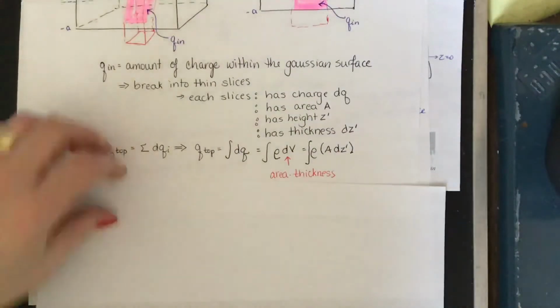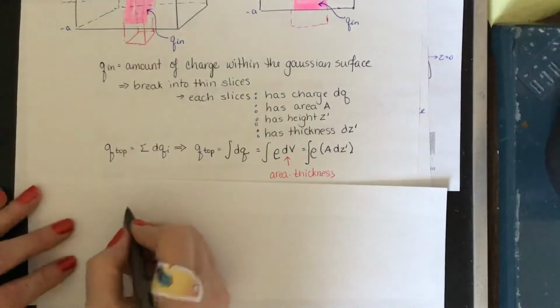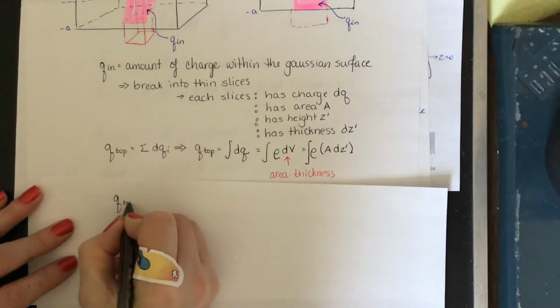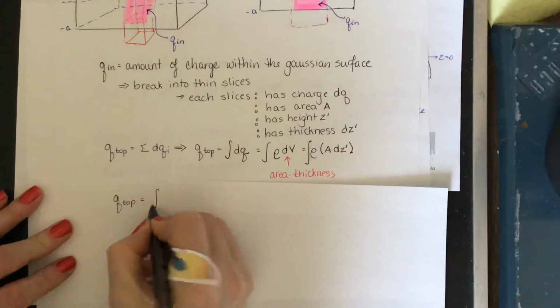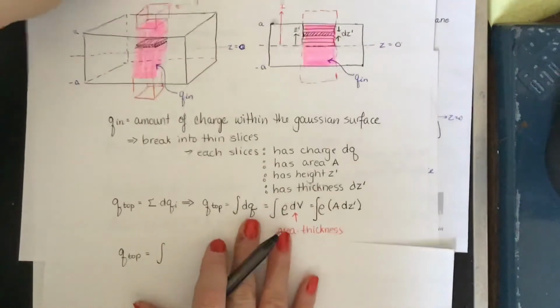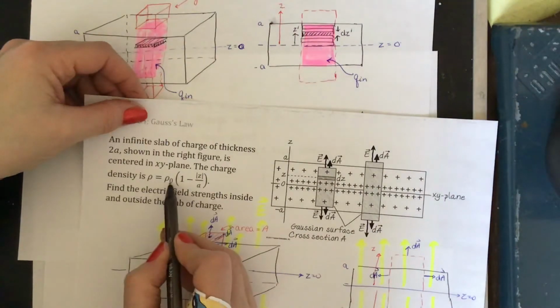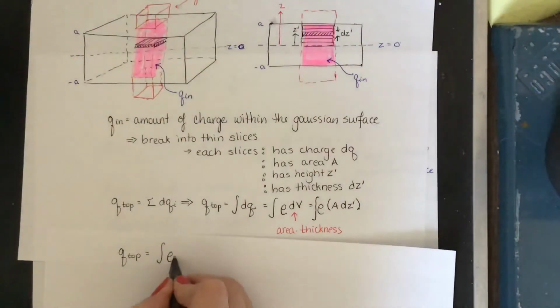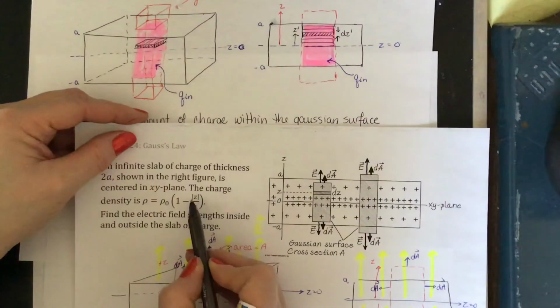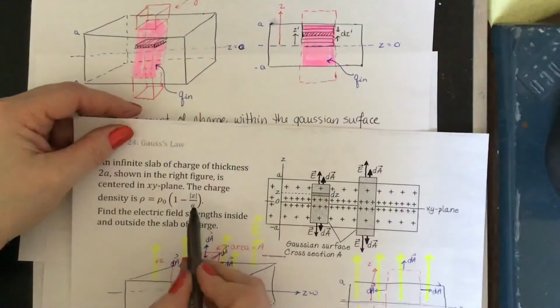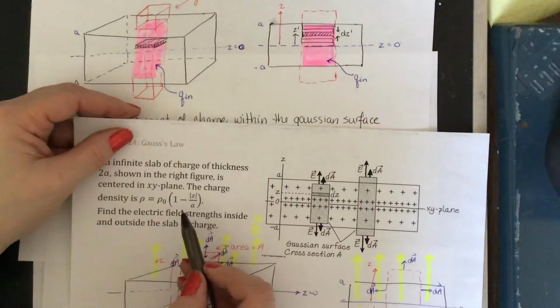So now for my next part, the total charge on the top part is the integral of our density rho. Here we see that rho is some constant rho naught multiplied by 1 minus the absolute value of z over a. That's why I only took the top part. I don't want to fuss about the absolute value signs and worry if z is positive or negative.